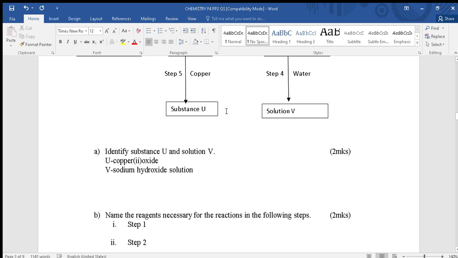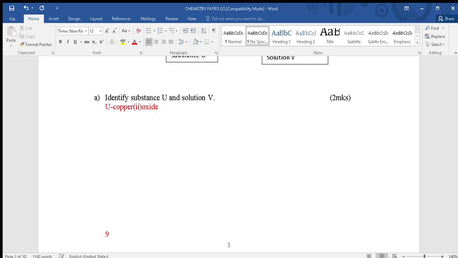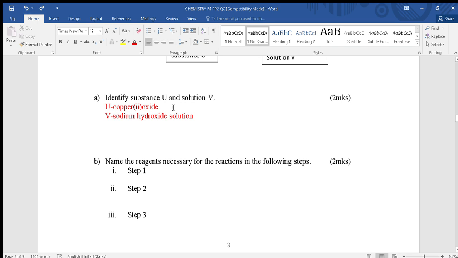Now, this is important, let me note this. And remember, because you've been told to identify, you can even write the chemical symbol because the question is very open. You've been told to identify. So even this copper 2 oxide, you can write its chemical formula.